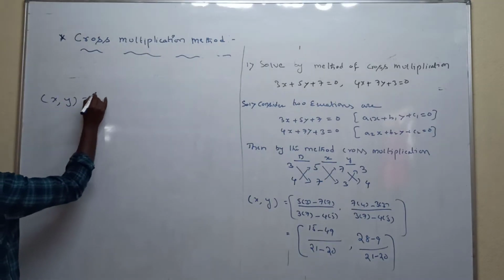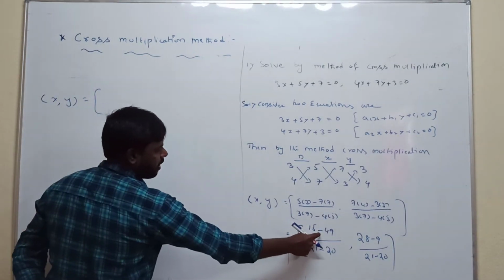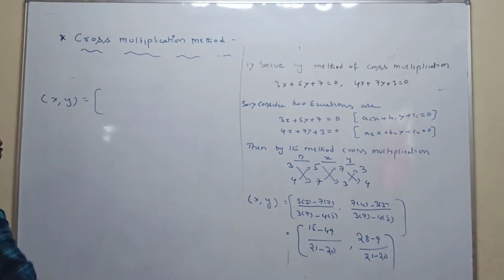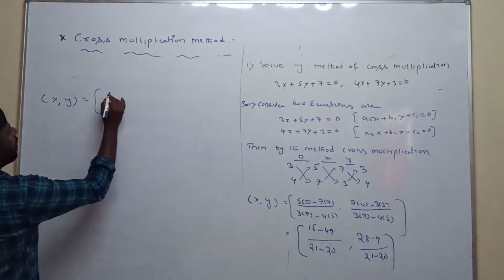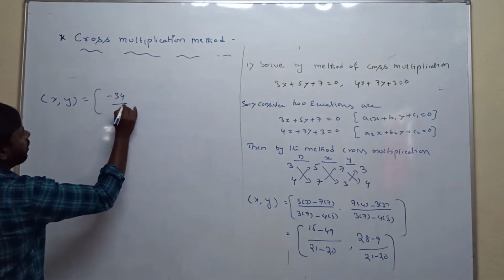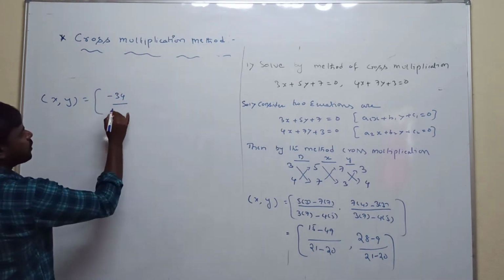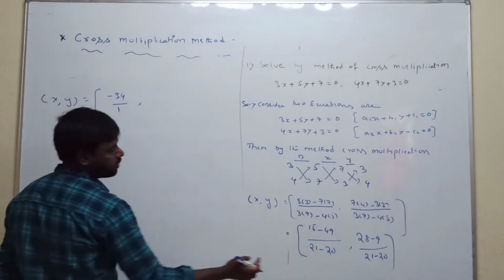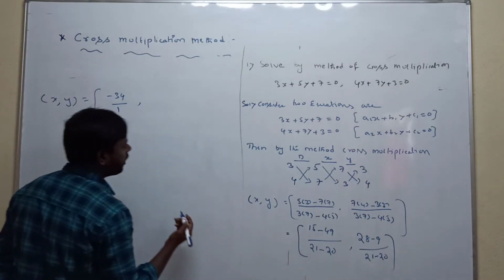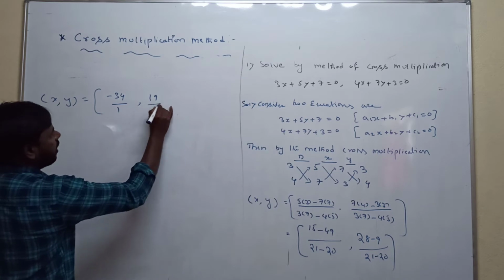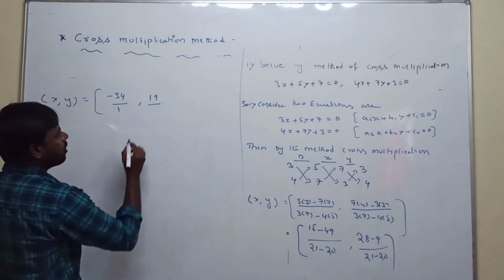X comma y is equal to 15 minus 49, which is minus 34, over the denominator 21 minus 20, which is 1. The next value is 28 minus 9, which is 19, divided by 21 minus 20, which is 1.